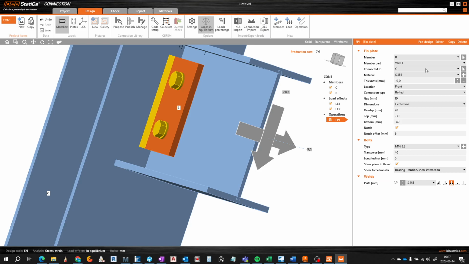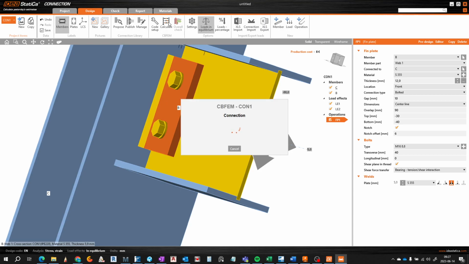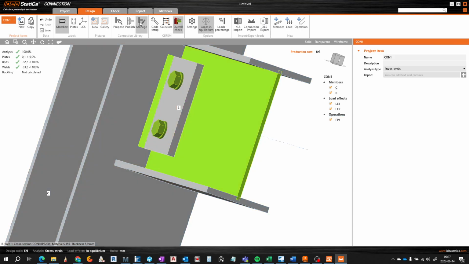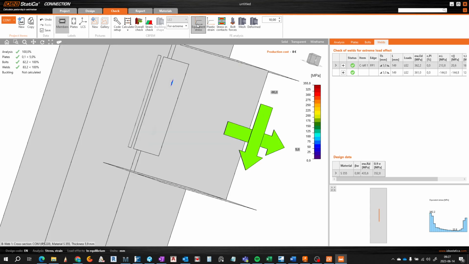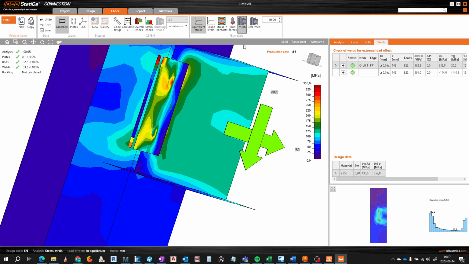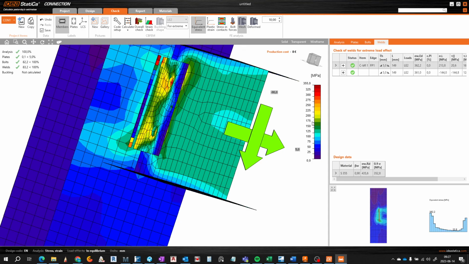Yes, we can change the thickness of the plate. Alright, we make another calculation here. We check the von Mises again.